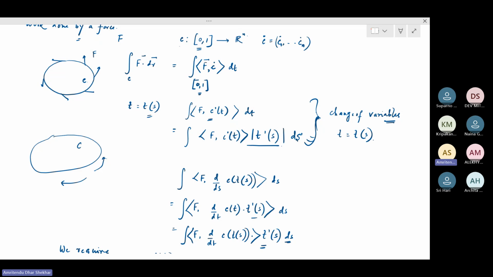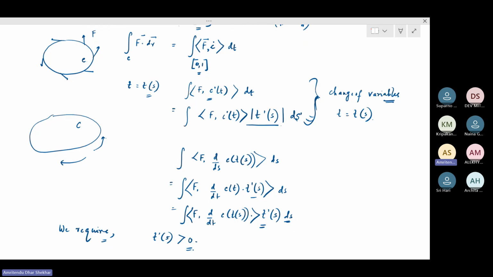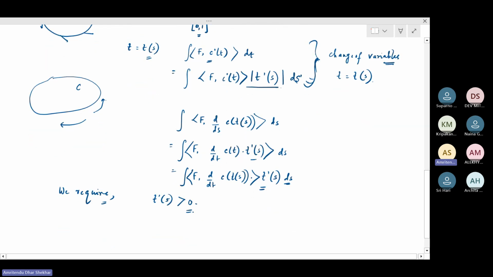What we know for a force is that if you go in the opposite direction, then the work done would turn out to be negative. And this is precisely what the relation tells you: if you do a reparameterization, you require that you are traveling in the same direction as you were before.